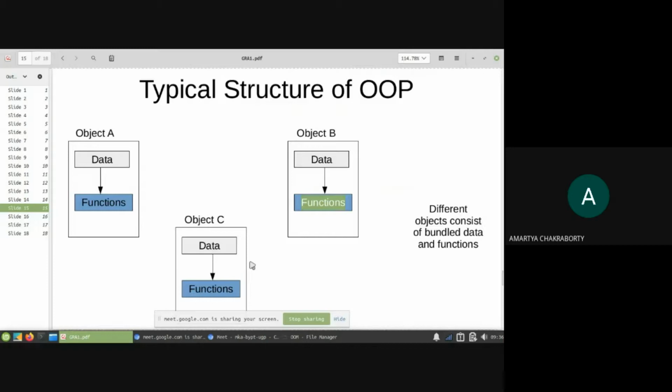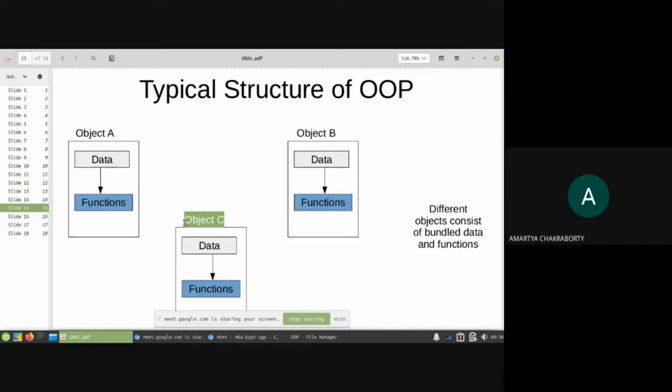Also, you can very easily guess that whenever we are working with object A, it is allocated some particular space in memory, which is not the same as the space allocated to object B, which in turn is not the same as the space allocated to object C, and so on, right? So each object has its own particular space in memory. That is very common sense, right?